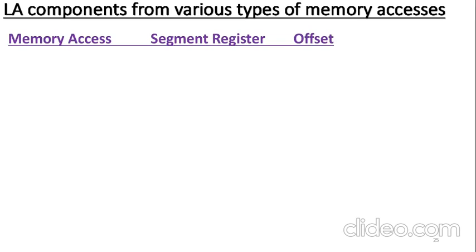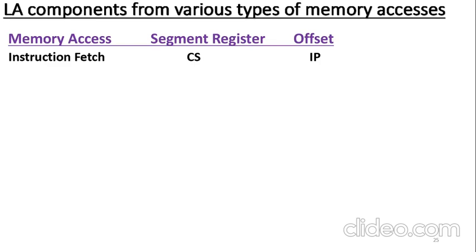Now let us see what the various logical address components are for various types of memory accesses. Here is a table. If the memory access is for instruction fetch, we know that upon startup, the microprocessor uses the code segment register and the offset within IP will be taken.